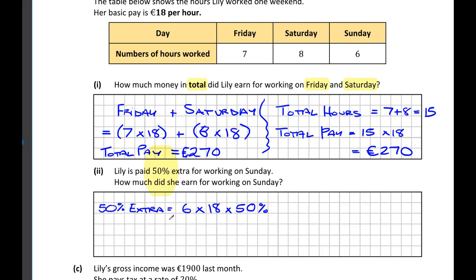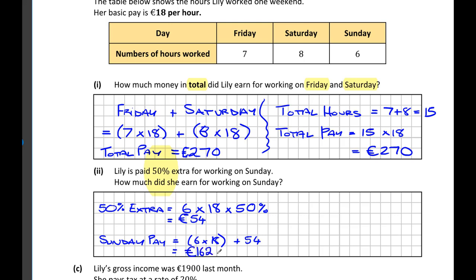And you should get €54. So the Sunday pay would be the normal rate, which is 6 hours times €18 per hour, 6 times 18, plus the 54, because that's the extra. So when you do that, you should get €162.